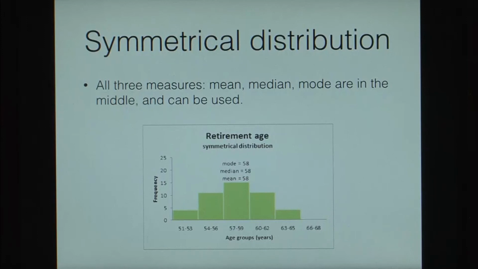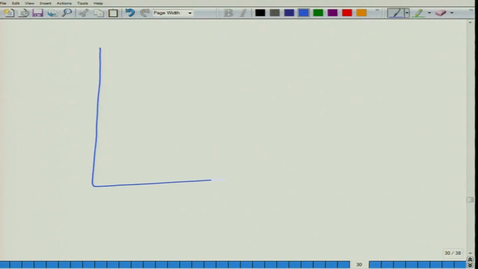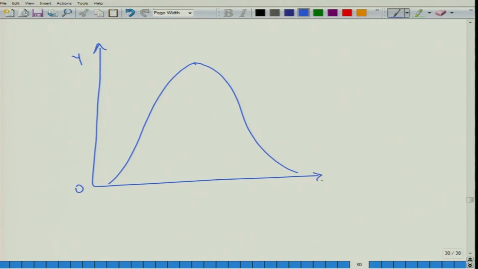Now, when do we use which measure of central tendency? If you look at a symmetrical distribution, in this case mean, median and mode will all be in the center. So we can use any one of these three values.